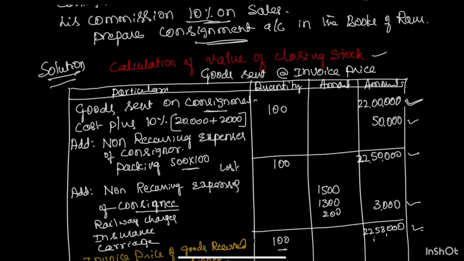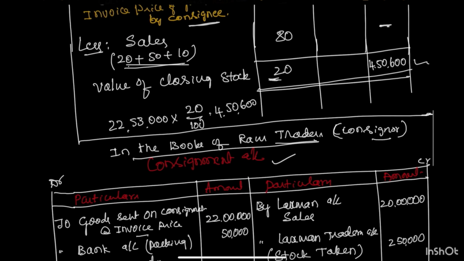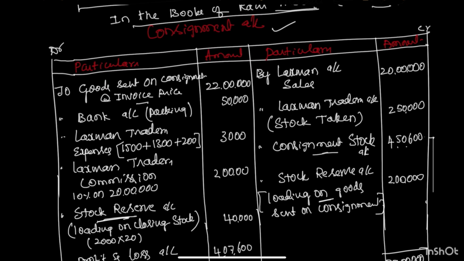They already added this value that we are going to consider. 20,000 plus 2,000, this invoice price is to be taken into consideration for this consignment account also. 22 lakhs. Bank account 50,000, packing charges, 500 into 100, whatever the consigner incurred, and the consignee also incurred the expenses of railway, carriage and all, that's a total of 3,000.